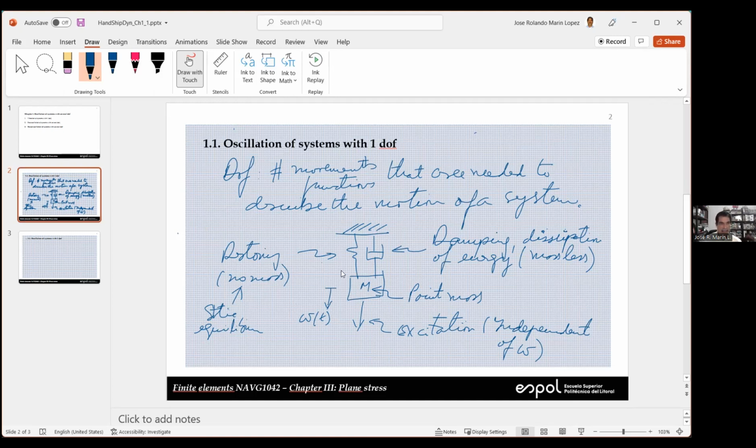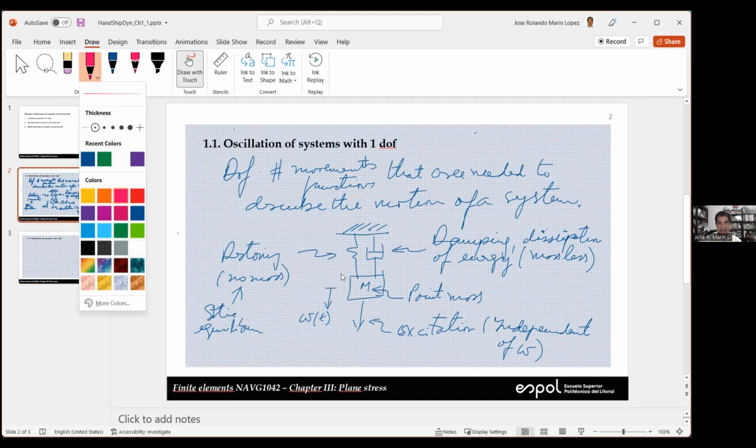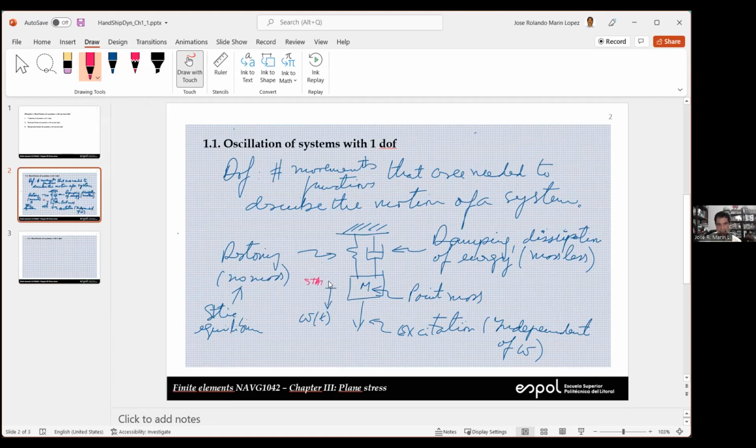Okay, so both have to be in static equilibrium because we assume them to be of very small mass. And after this, something which is very, very important is that this is measured from the static equilibrium position. So before that, the weight and the static elongation of the spring cancel each other.